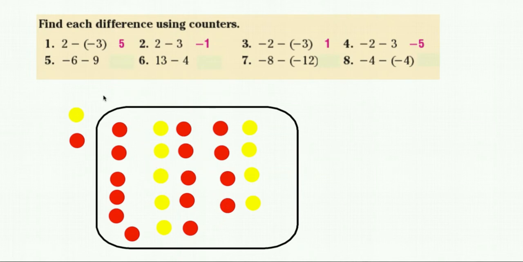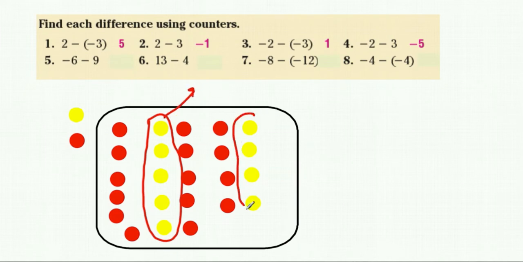So negative 6 minus 9: we take away 9 positive counters, and these are the 9 positive counters we are going to get rid of. If you notice, there are 15 negative counters left. So negative 6 minus 9 is negative 15.